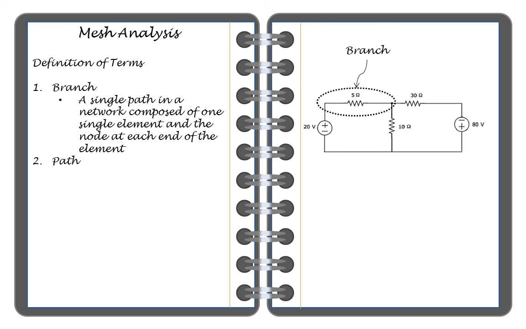Now we will know what a path is. The path is the set of nodes and elements that are passed through not more than once.